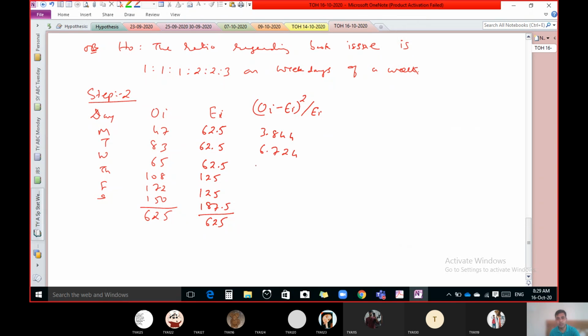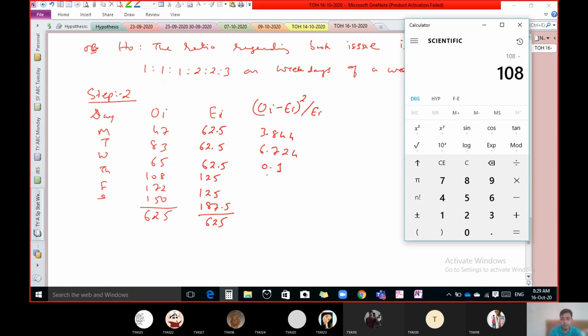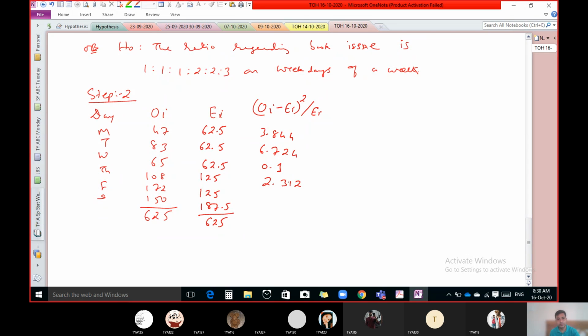Now 65 minus 62.5 is 2.5, squared, divided by 62.5. So it is 0.1. Do the calculation like that. 108 minus 125 is 17, squared, divided by 125: 2.312.